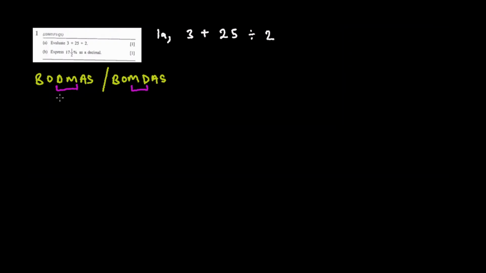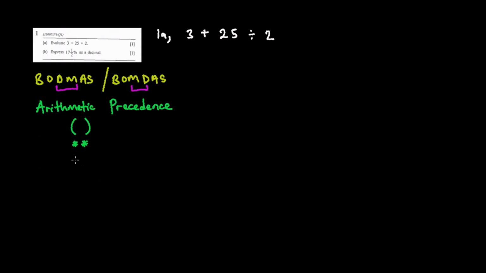So if we combine BODMAS and BOMDAS, we have what I refer to as arithmetic precedence. Arithmetic precedence tells us that we always start with solving what is inside the brackets. After doing that, we go to the power, which I'm going to represent with 2 asterisks, like this.